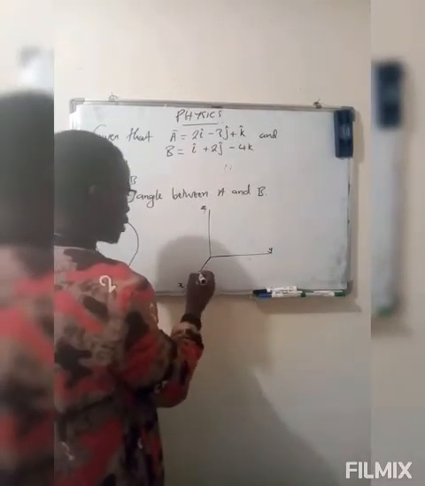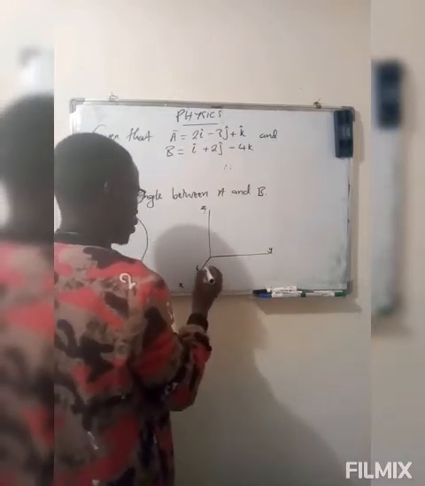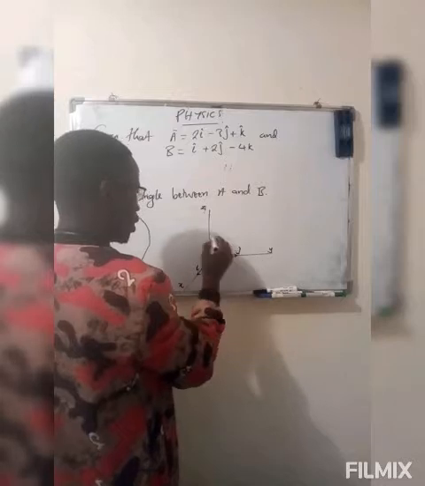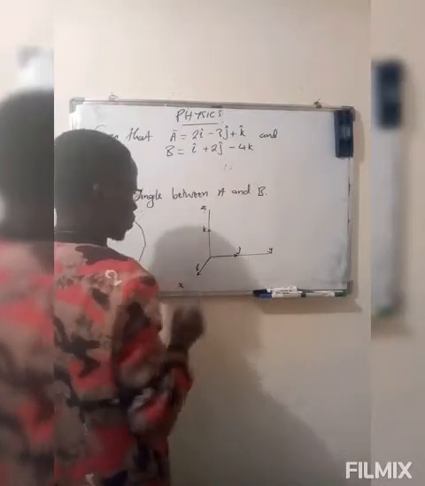So this is the unit vector i here, and then we have the unit vector j right there, and we have the unit vector k here, okay?